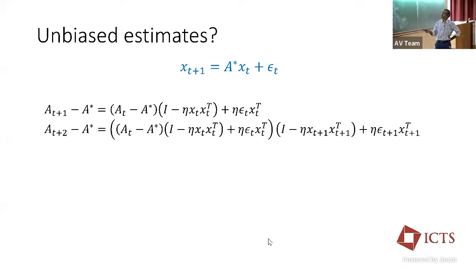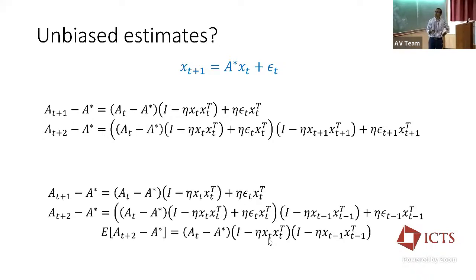But the issue is that x t plus 1 is dependent on epsilon t. So when you try to take expectation here, this expectation is not 0. You have these noise terms coming into the picture here, which makes the analysis difficult, because this is not zero mean, and that's why SGD doesn't even have an unbiased estimate in some sense.